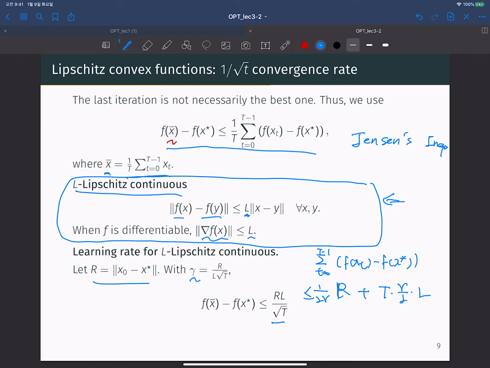So when we optimize gamma to minimize this term, we have this one.